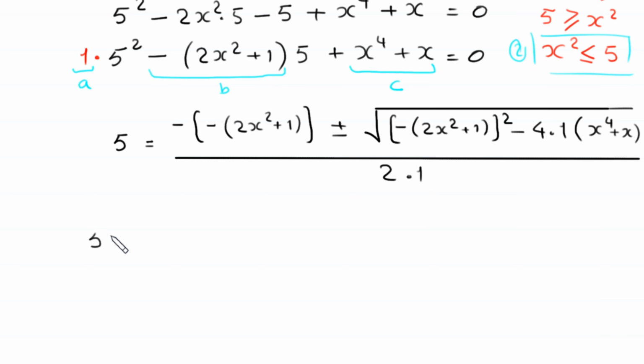Next, 5 is equal to this minus and this minus will become positive 2x squared plus 1 plus or minus square root of.